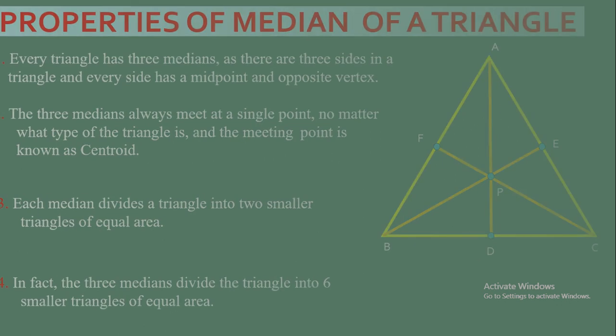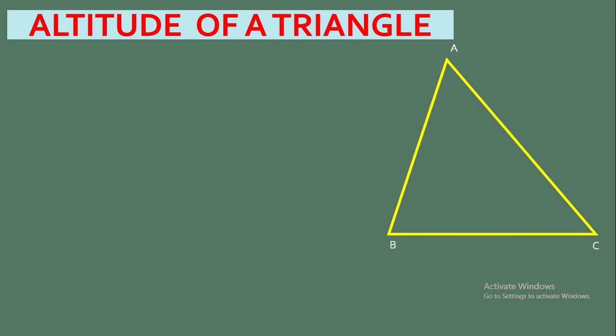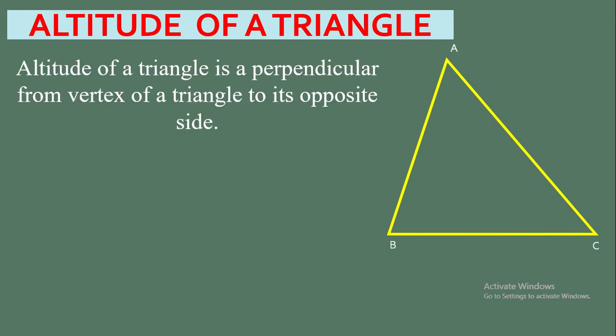Now let's see another point, that is the altitude of a triangle. We said the median of a triangle is a line segment joining the midpoint of a side to its opposite vertex, but the altitude of a triangle is a perpendicular from a vertex of the triangle. So this time we take one of the vertices of the triangle, and then we draw a perpendicular from this vertex to the opposite side.